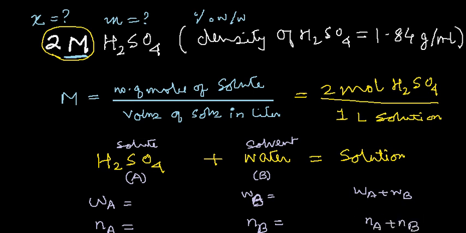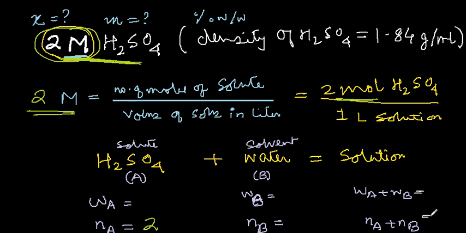So as per the conditions of the problem, what is being given to us? 2 molar H2SO4. And what does 2 molar H2SO4 mean? It means we have 2 moles of the solute. So the solute, that is sulfuric acid, is 2. We don't have any other information.